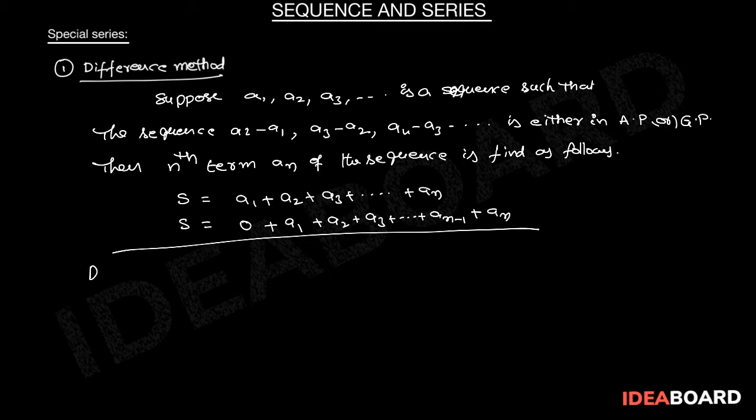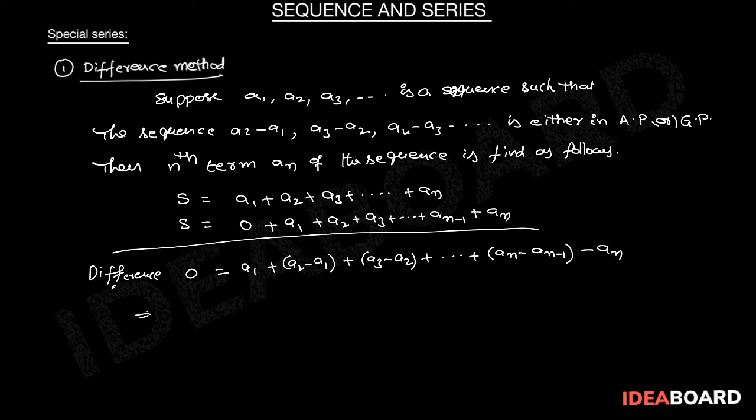Difference of the above series: 0 equal to a1 plus a2 minus a1 plus a3 minus a2 plus and so on plus an minus 1 minus an. That implies an equal to a1 plus a2 minus a1 plus a3 minus a2 plus and so on plus an minus 1.